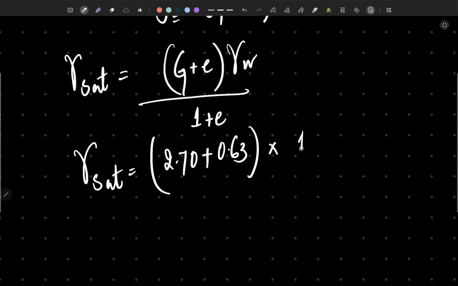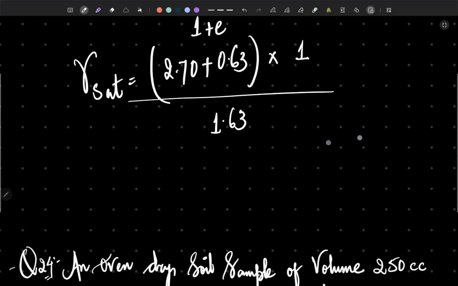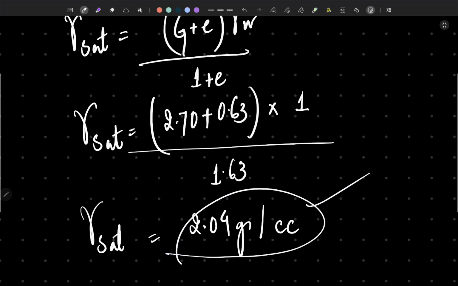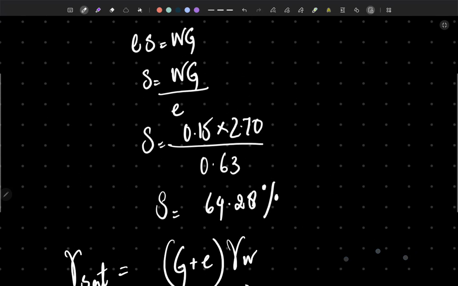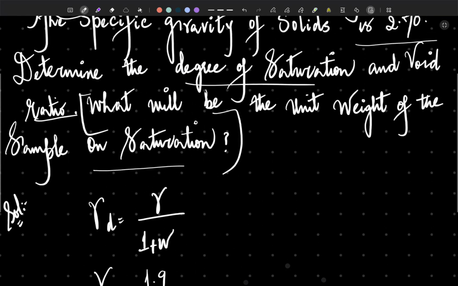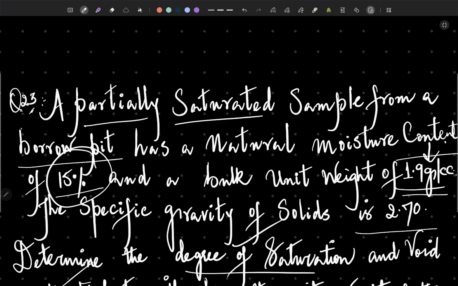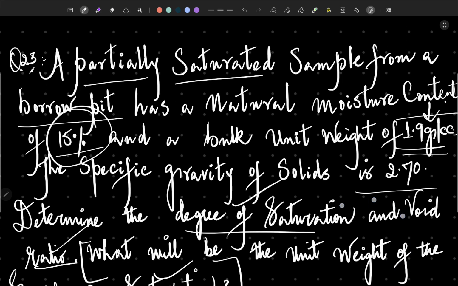Density of water, 1 gram per cc, divided by 1 plus e. That means e is 0.63, so that is 1.63. By calculations, saturated unit weight is 2.04 gram per cc. We completed the question in all respects. We found out the degree of saturation, the void ratio, and also the unit weight of the sample on saturation, that is the saturated unit weight. All right, so that's how we solve this question. Moving on to the next one.